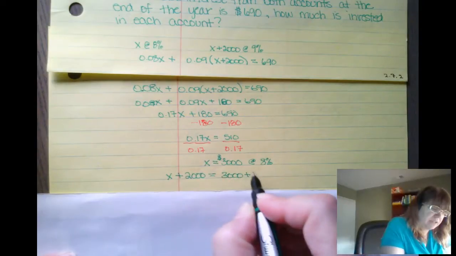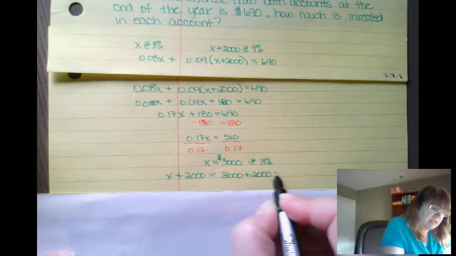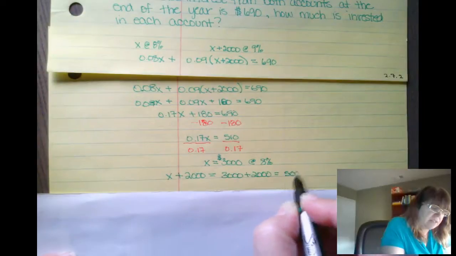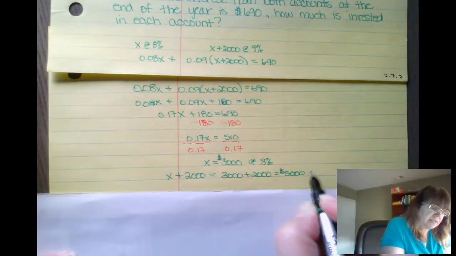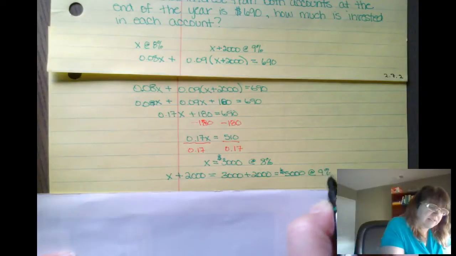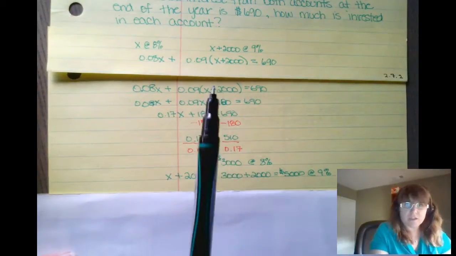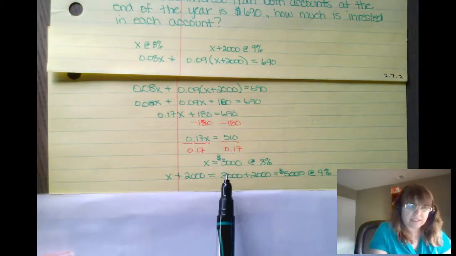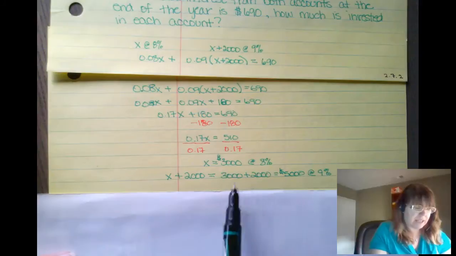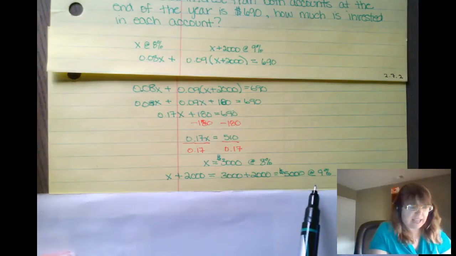So 3,000 plus 2,000 equals $5,000. Okay? So you do want to make sure that you go back and answer the question, how much is invested in each account. I know that 3,000 is invested at 8% and 5,000 is invested at 9%.